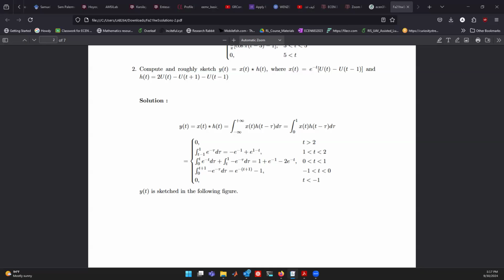Minus exponential minus tau when tau is between t minus 1 and 1, which is minus e to the minus 1 plus e to the 1 minus t. This is when t is between 1 and 2.